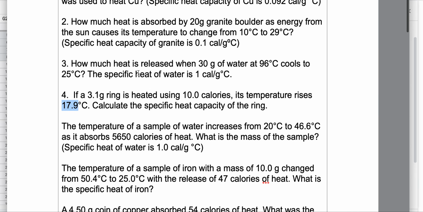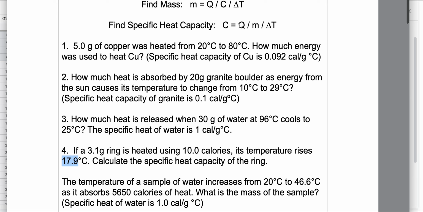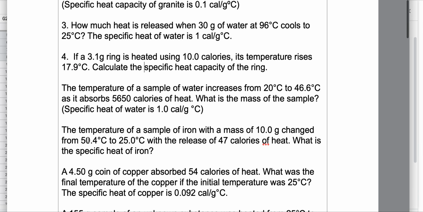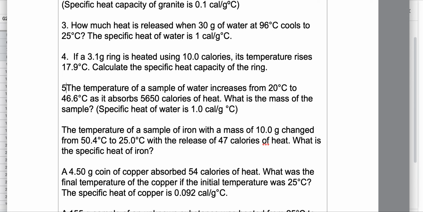So if I look at the formula up here, I'm going to take the heat, which is my 10, divide by the mass, 3.1, and then take that number and divide by 17.9, and you'll get the specific heat capacity. So do that calculation, show your work, and come back for number 5.